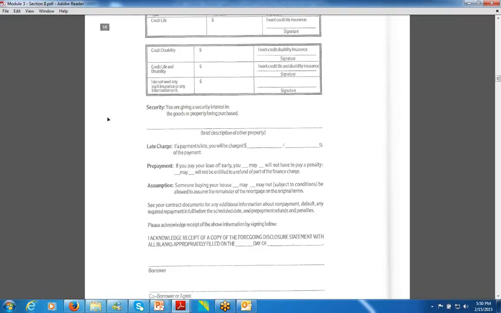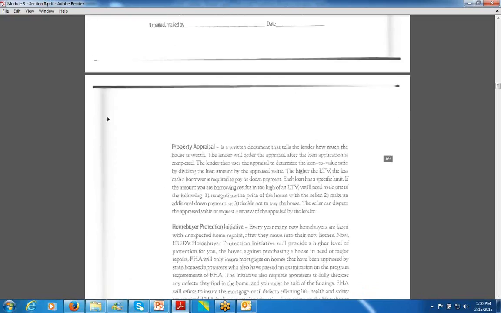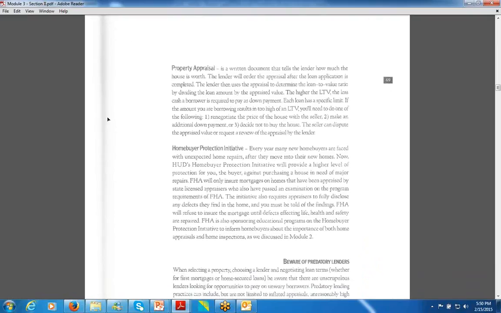Okay, moving right along. Next page, property appraisal. We talked about that in the last section. The loan is based on the sale price. The sales price cannot be more than the house is worth. So if the house is worth 90, I can't agree to pay $100 and get a loan based on $100,000 and the house is only worth 90.